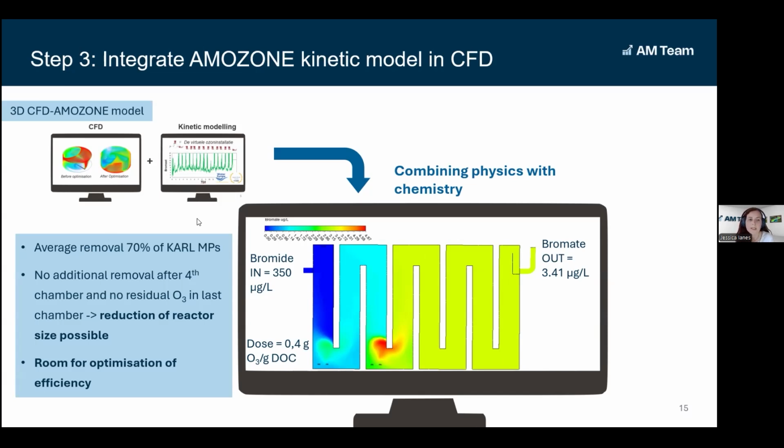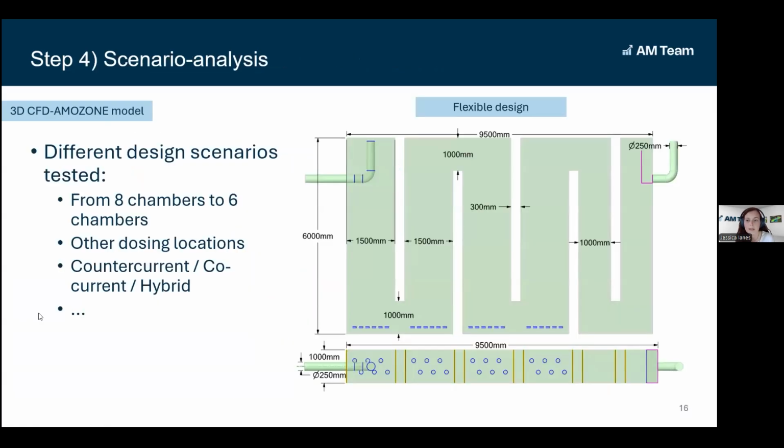And in the subsequent step 4, we actually tested more scenarios, testing different designs. This one is the last one we chose, so the one performing better. And as you can see, we have reduced the number of chambers from 8 to 6, and we have increased the number of injection chambers.